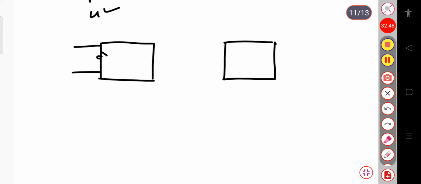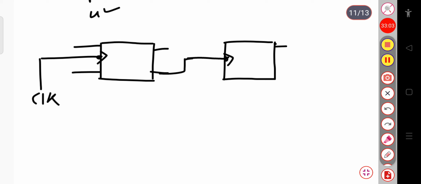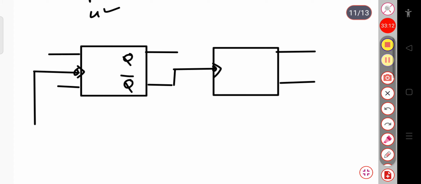Here I will give a clock pulse, and this one is my output, and here I will give this as a clock pulse to this, and here this is my output. Somehow it will look like this. This is Q, it is Q bar, and also this is Q, and this is Q bar. Okay, this is my clock pulse.